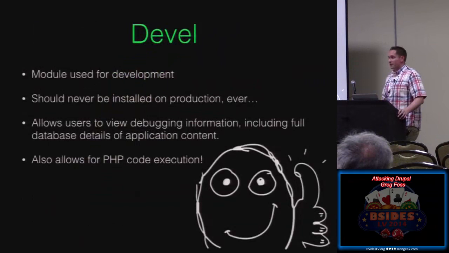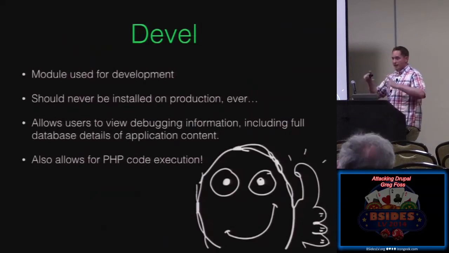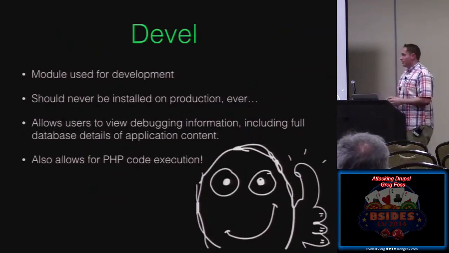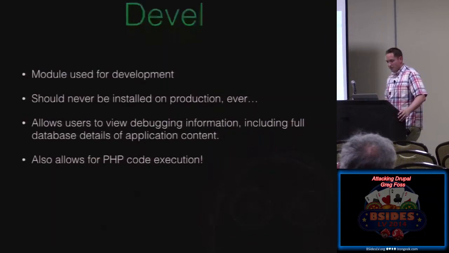Anyone here mess with Drupal and use Devel before? It's a nifty module. It essentially will show you every single database detail of what you're displaying within the application on the page. You bring up a user account, and it shows you all the backend database info it has on that user account. And I'll show you here in a minute why that is so bad.